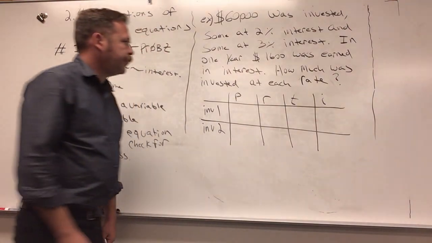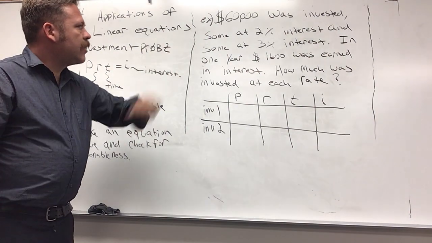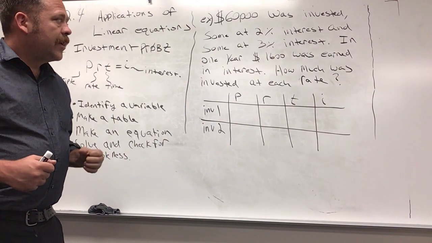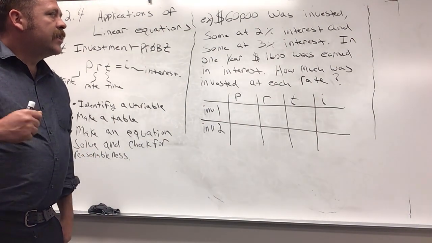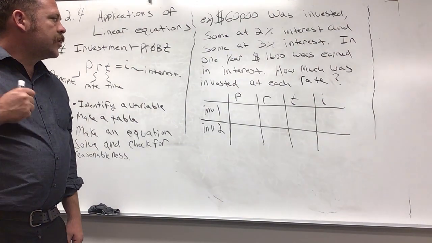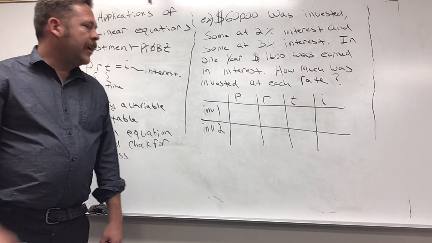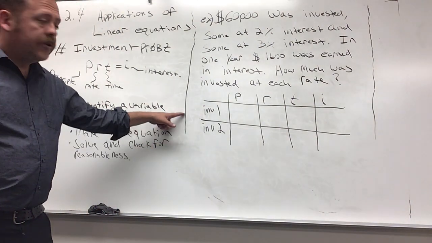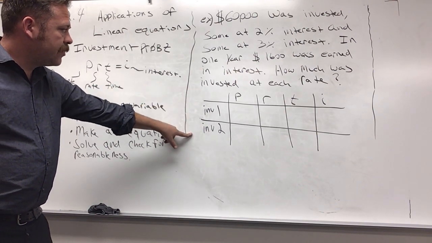Now, in this problem, $60,000 was invested, some at 2% and some at 3%. In 1 year, $1,600 was earned in interest. How much was invested at each rate? So look, I made this table and I have the two different investments, calling them investment 1 and investment 2.